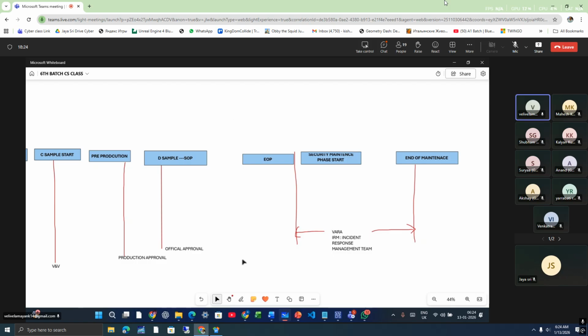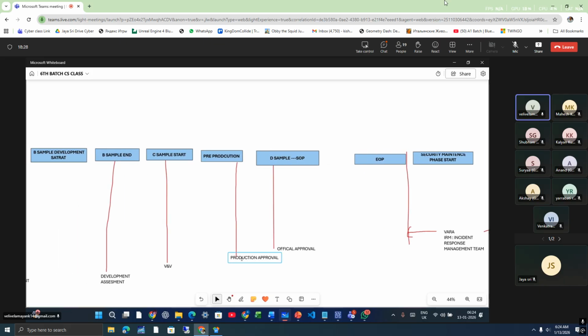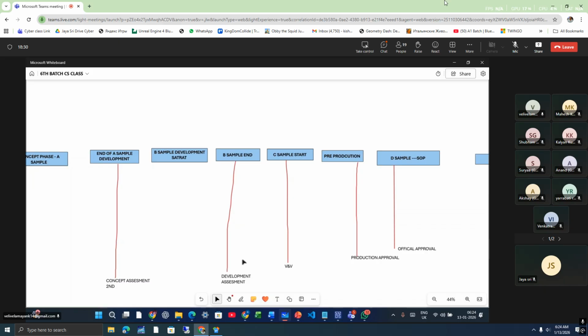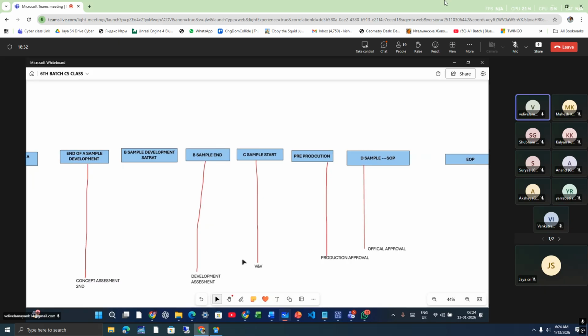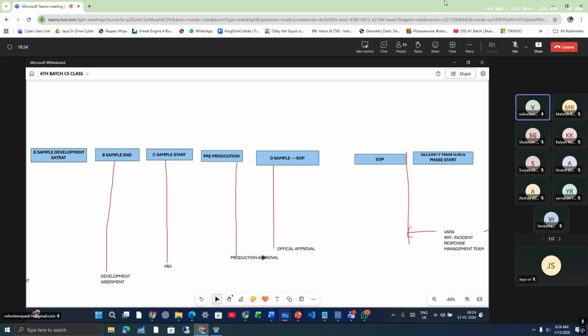So official approval time, any time, any assessments also. All the topics you need to close by production approval time itself. Official approval is just a cross verification only. Production approval, you got it. That means you are not a blocker from the security point of view, including MISRA and everything.